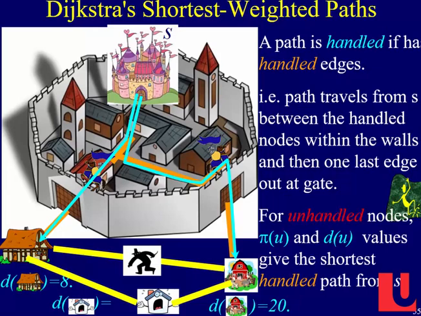Now, what about this guy here? He's screaming, yes. Why? Because of burglars. What's special about him? He's way out. His edges aren't handled, aren't protected. So what is his d value?